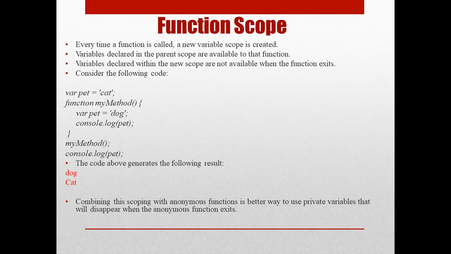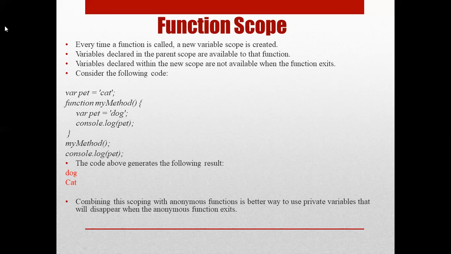Then the variables declared in the parent scope are available to that new scope. Then the variables declared within the new scope are not available when the function exits. See this carefully. Whenever we create or execute any function and the new scope is created, the variables declared within the new scope are not available when that function exits.